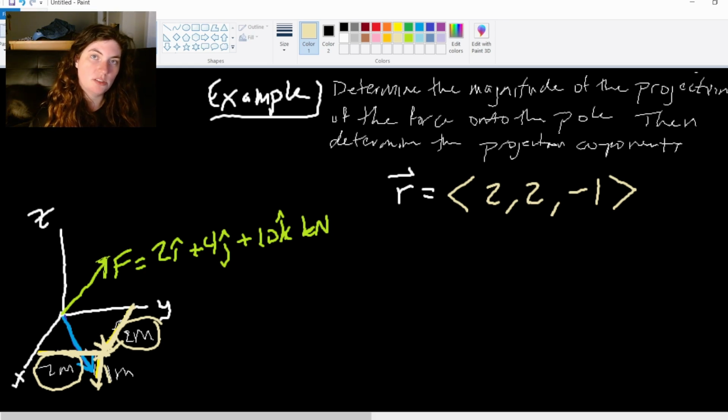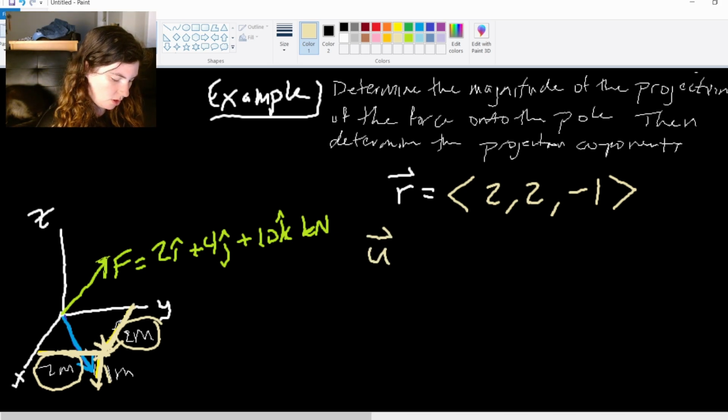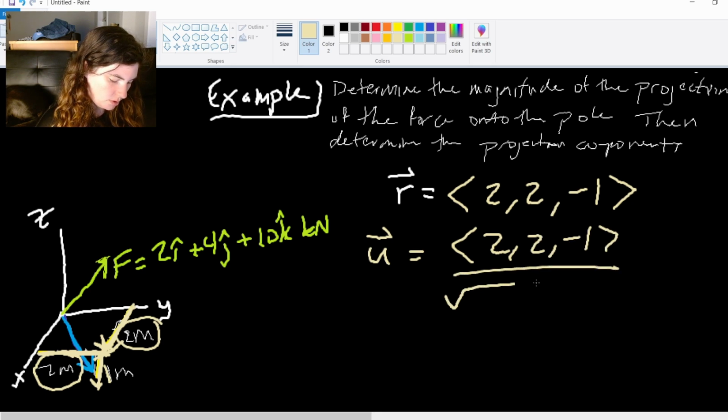So now that we have the position vector, we can find the unit vector from this. So our unit vector of r, the vector itself, over the square root of 2 squared plus 2 squared plus negative 1 squared.